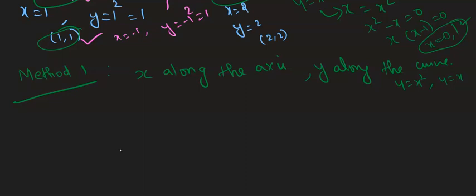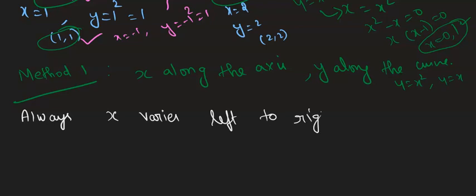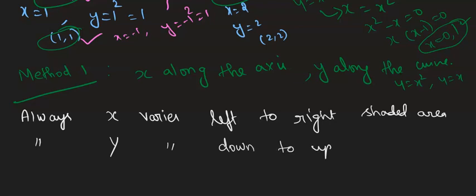Always keep this in mind: x varies from left to right side of the shaded region area, and y always varies from down to up of the shaded area.